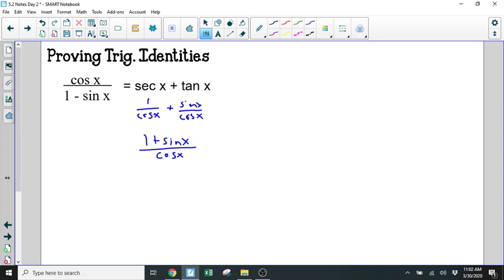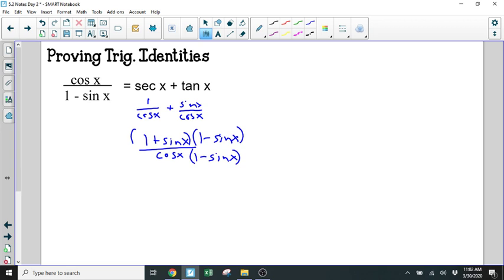One of the things we could do is, I know that I can turn the 1 plus sine x into a cosine squared if I were to multiply this by its conjugate 1 minus sine x, and that would get me a cosine on the top, which again, if I multiply the top, I have to multiply the bottom.